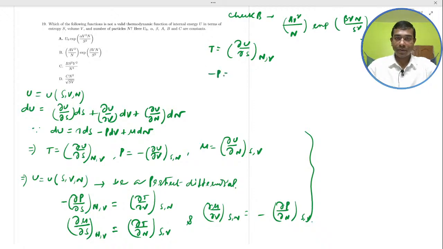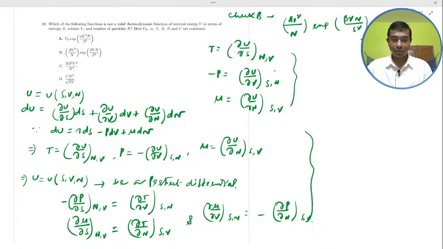And the next, minus P is del U del V at constant S and N, and mu is defined as del U del N at constant S and V. Put these values and check. You would get the final summary.